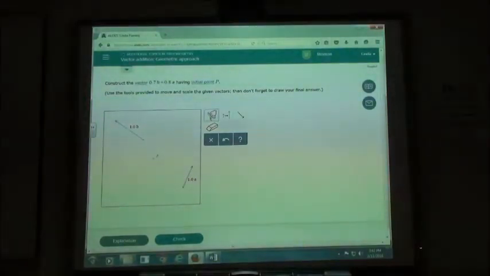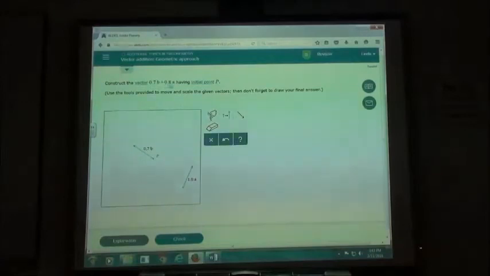So I grab this tool with the hand, I grab vector B, I put it right on point P. So now I've got 1.0b end point on P. I'm going to scale that to 0.7. So I'm going to grab this middle tool with the two arrows, grab the end, push that back until you're at 0.7. If you click in the gray area, that turns off your tools and you can see what you've got. So right now I've got 0.7b.